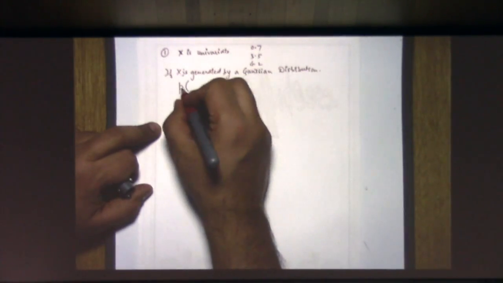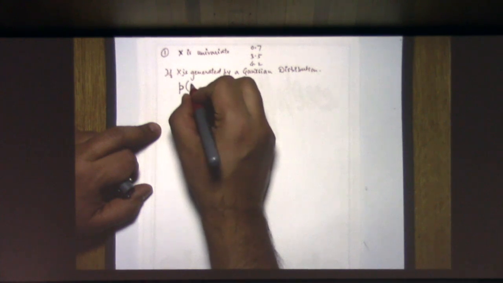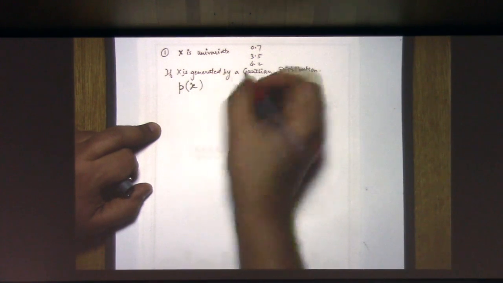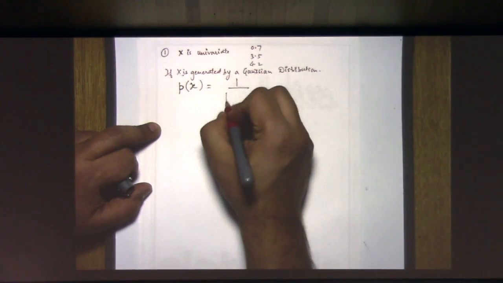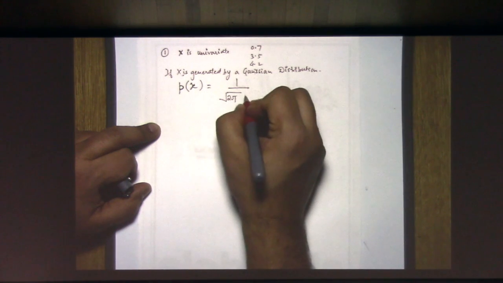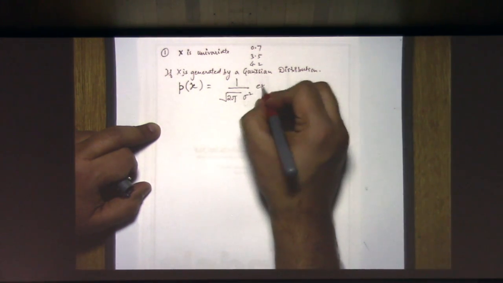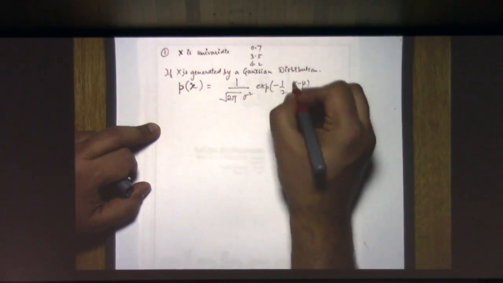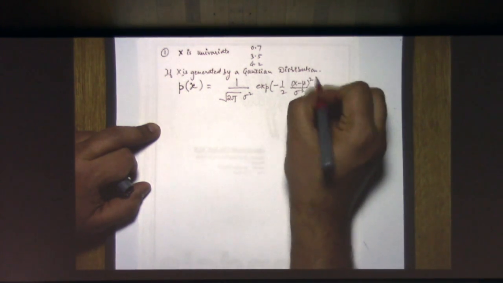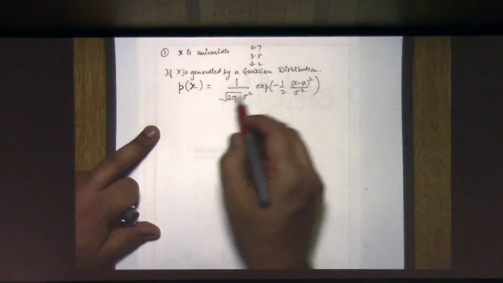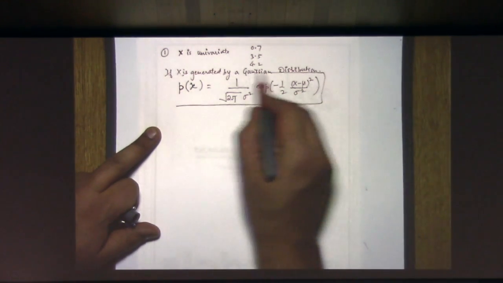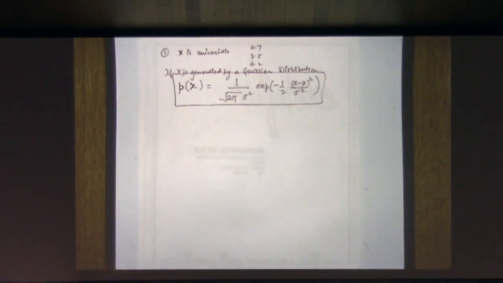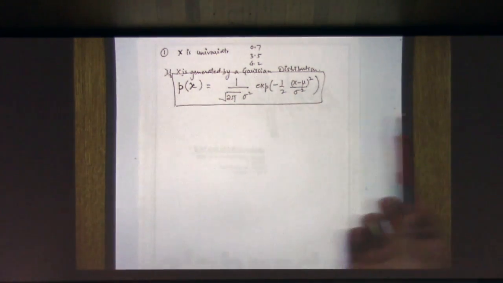That won't hold because there are infinite possibilities. That means we'll say the probability density at x, some value of x, is given by 1 over square root of 2 pi sigma square, exp minus half (x minus mu) whole square over sigma square. So that is a very standard expression. I hope most of you know about it already. But that's the probability density for a Gaussian random variable.